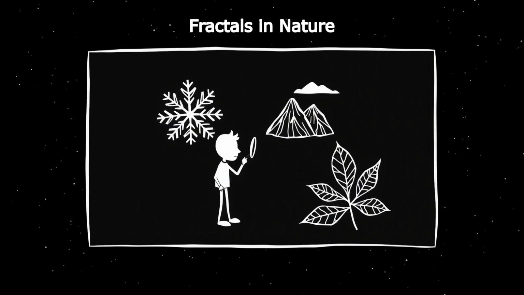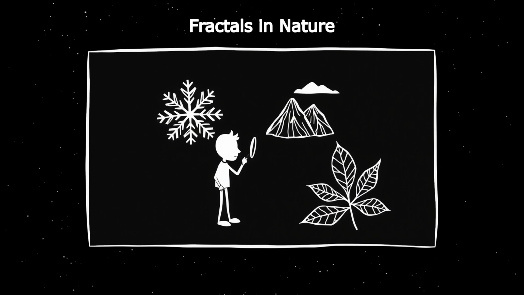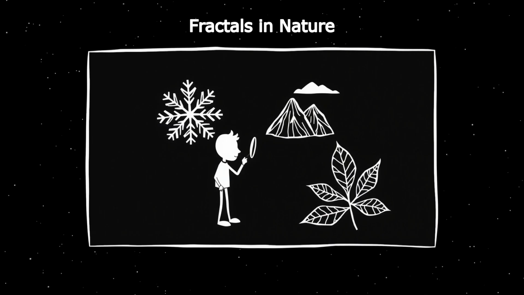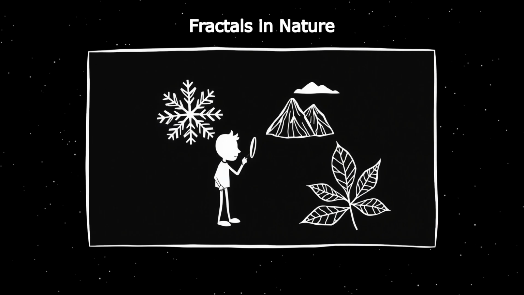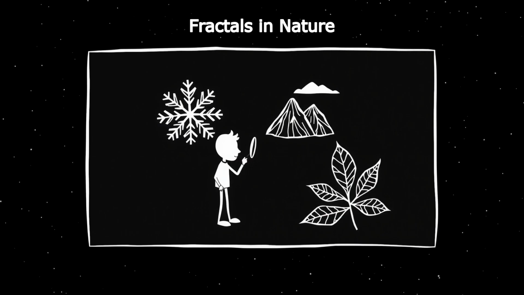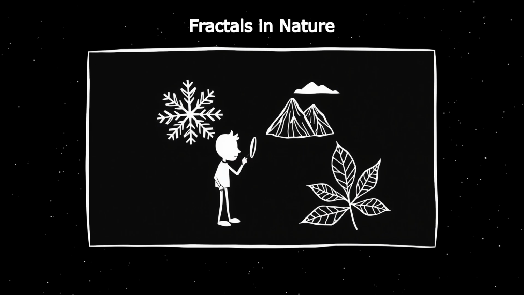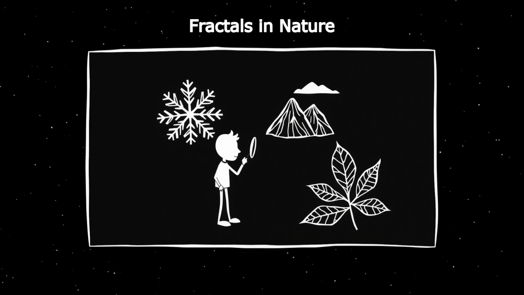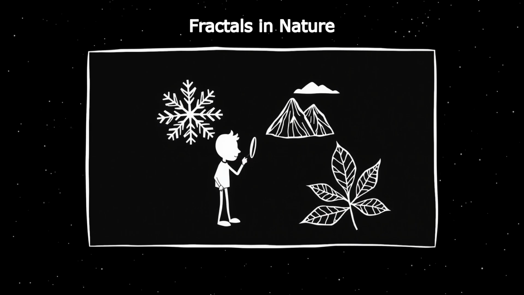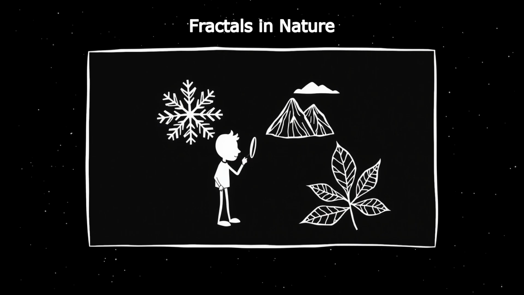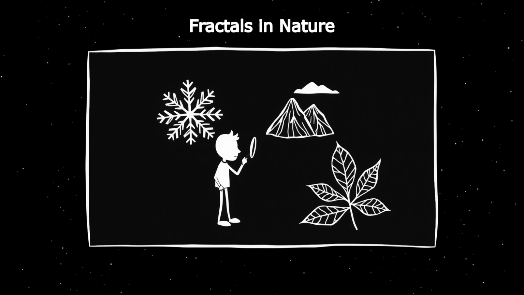The way branches extend from the trunk mirrors the structure of the tree as a whole, while each smaller branch resembles its parent, creating a harmonious pattern throughout. Flowers, too, exhibit these self-similar patterns. Consider the arrangement of petals or the spirals present in sunflower heads, where the mathematical beauty of nature unfolds.